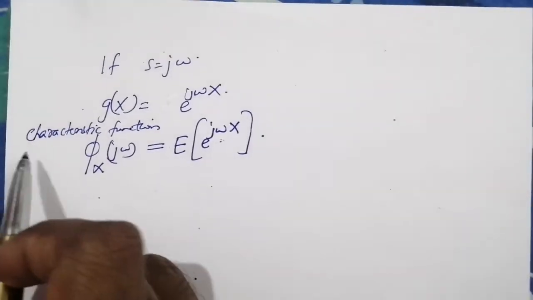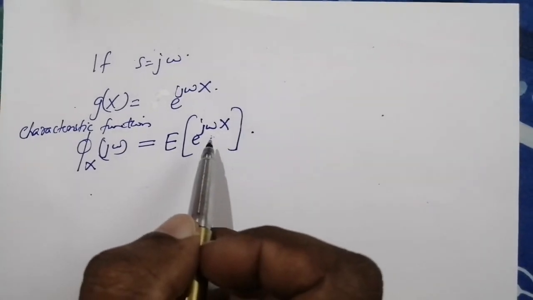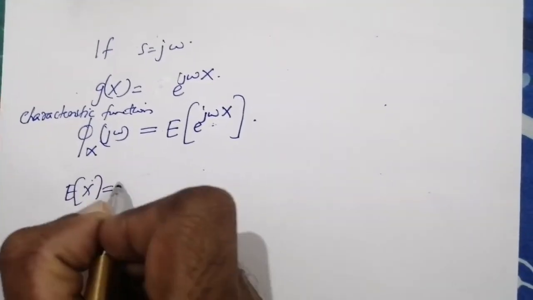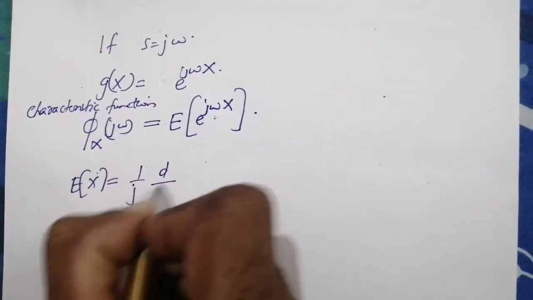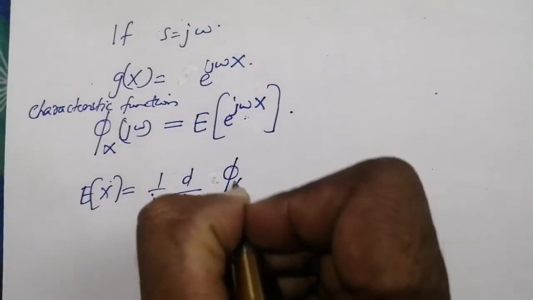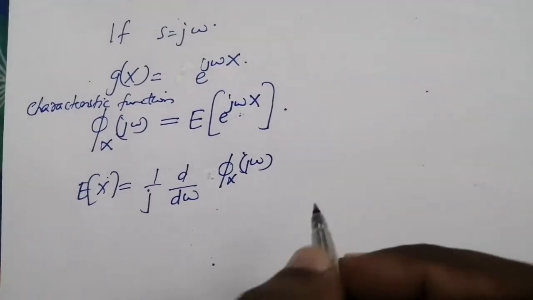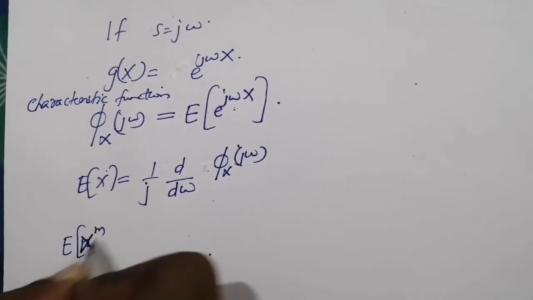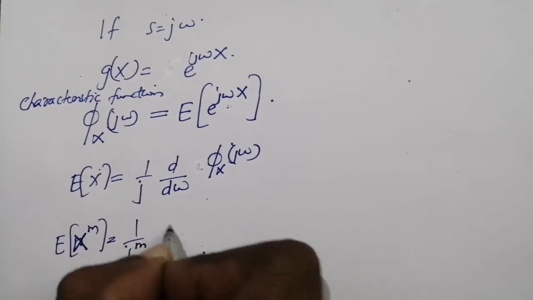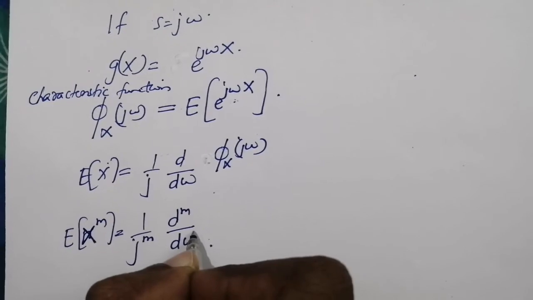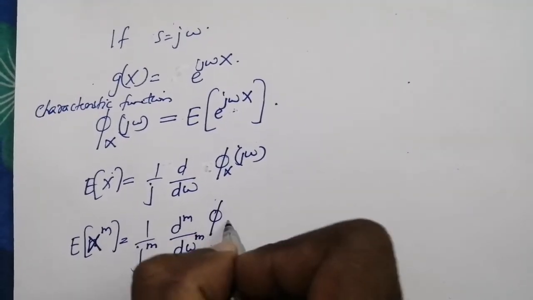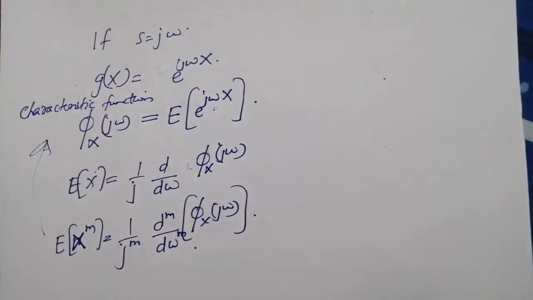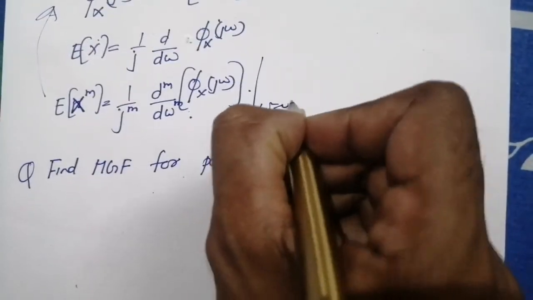Here also we can find the mean by differentiating the characteristic function. The only thing is, the mean is 1 by j d by d omega of phi x of j omega. Similarly, the mth moment is obtained as the expectation of x raised to m equal to 1 by j raised to m, d raised to m by d omega raised to m of phi x of j omega, putting omega equal to 0.